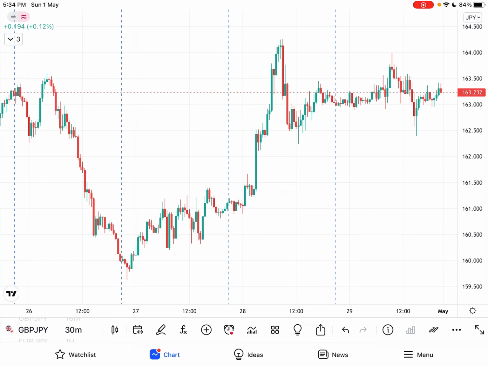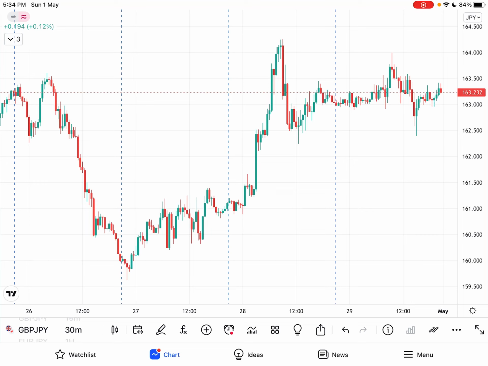I'm going to use some indicators to make it easier for all of us, computing and automating stuff. First off, I want to know my support, my resistance, my mid-level.